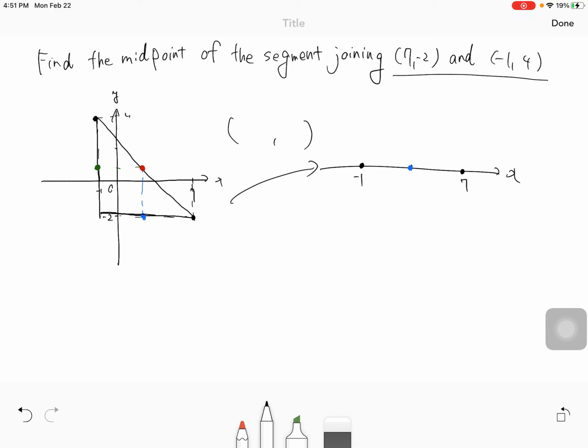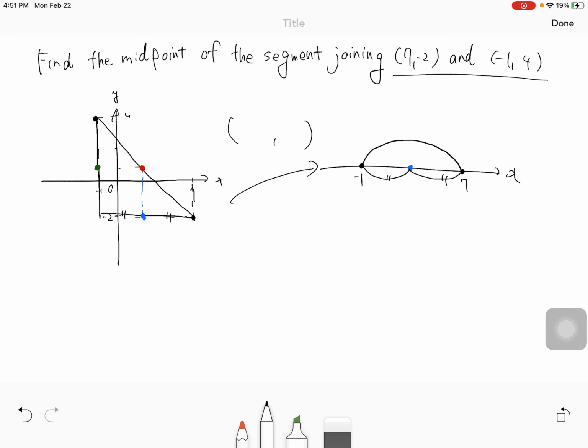Actually, the blue point separates these equally. So the blue point divided this line into 2 parts equally, so the length here and the length here are the same.